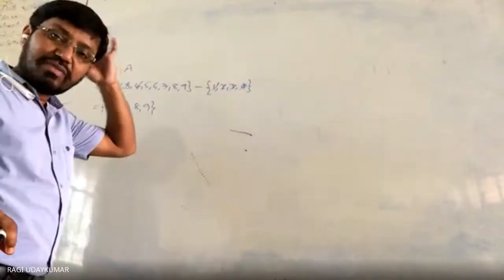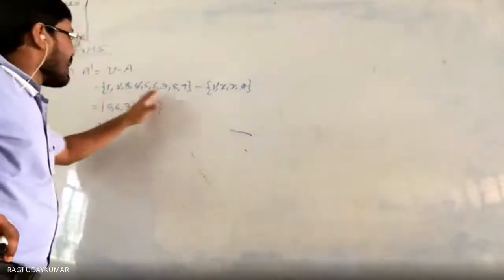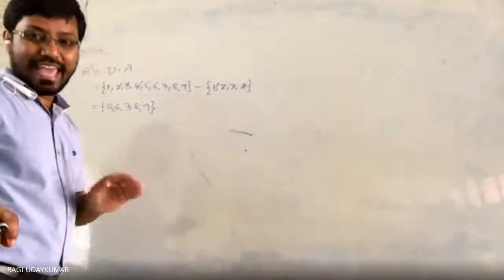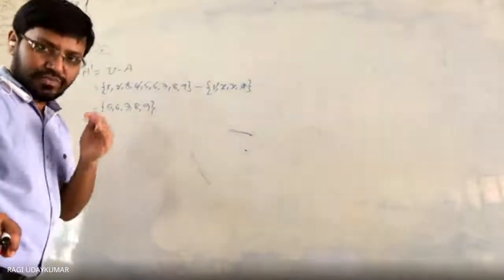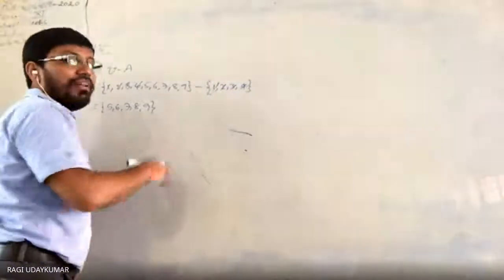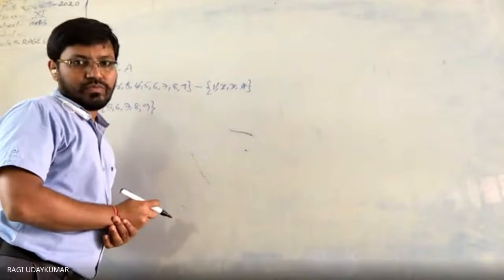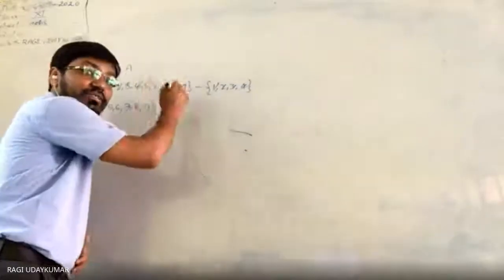While finding the difference of two sets, actually this way of cancellation is not correct. You should not cancel like that. It is just for writing purposes, for easy identification. In your mind you have to eliminate: this is common, this is common, this is common. Do not take the common ones. Take the elements which are present in this but not in that.